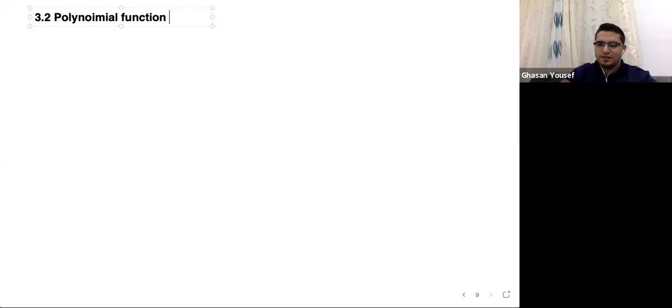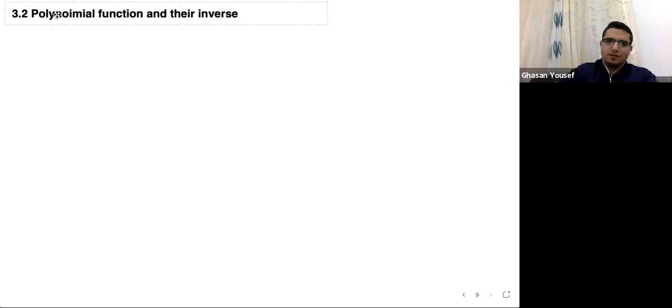In the previous section, we talked only about the quadratic function. Today, we're going over the polynomial, the higher degree and bigger functions. So polynomial functions and their inverse.